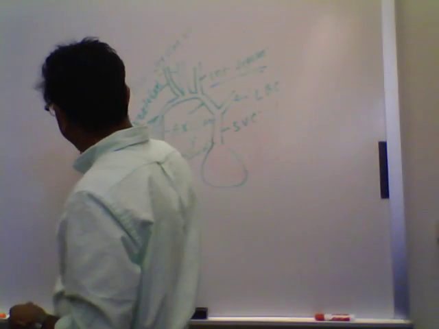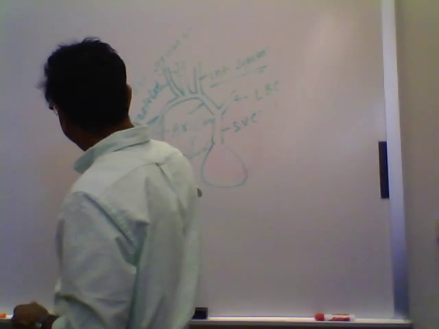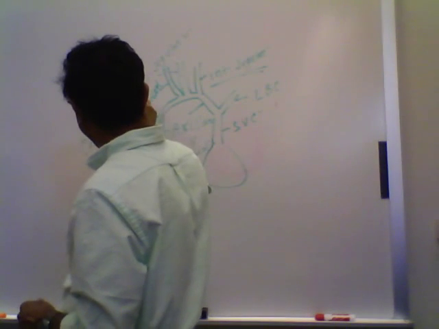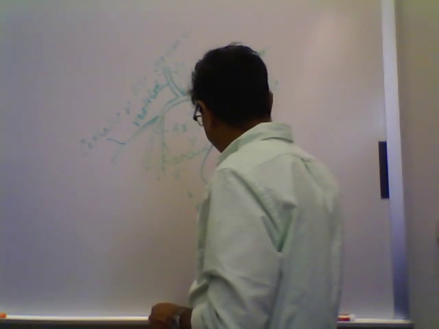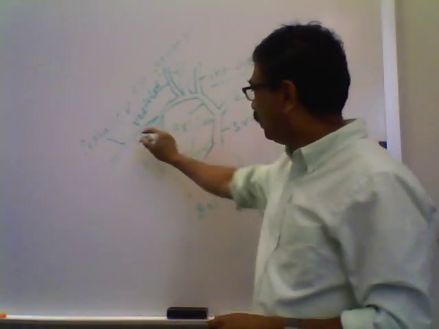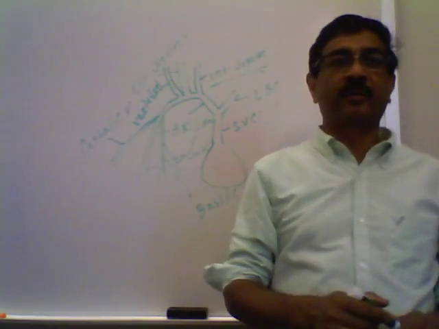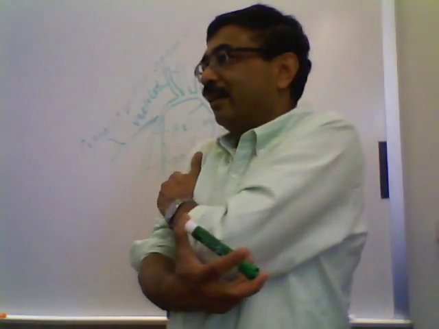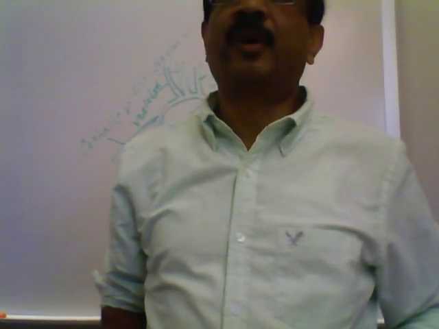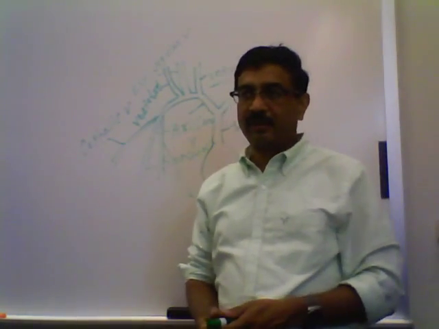One is called the cephalic vein, another is called the basilic vein. So those two are large veins. Those are superficial, that means under the skin, and arise from the axillary vein.